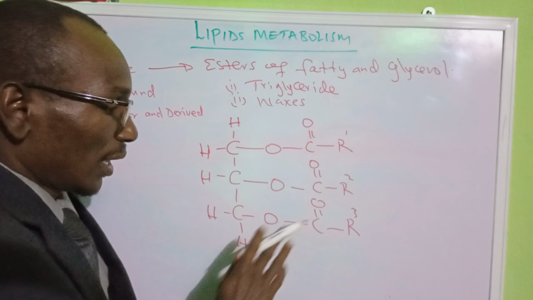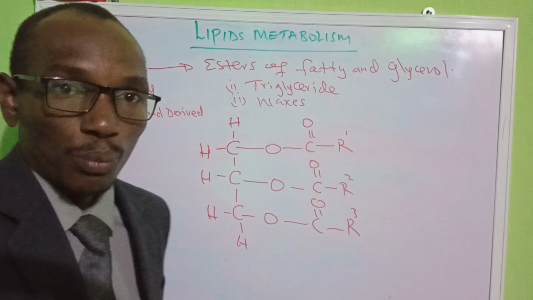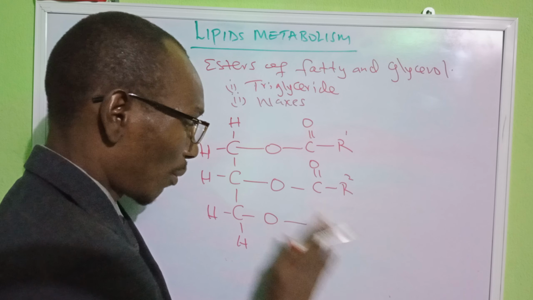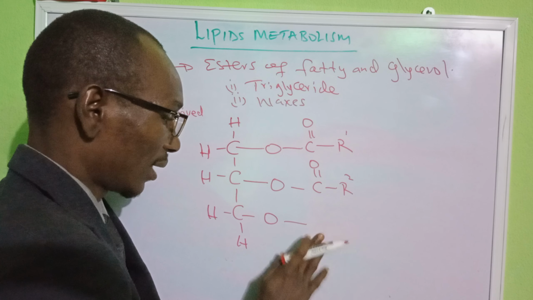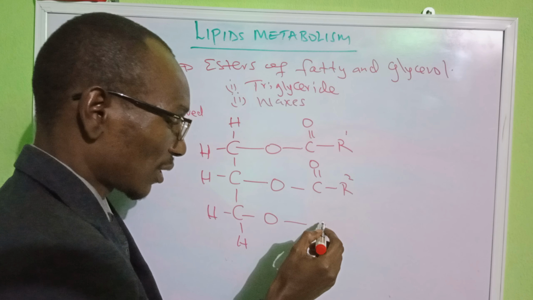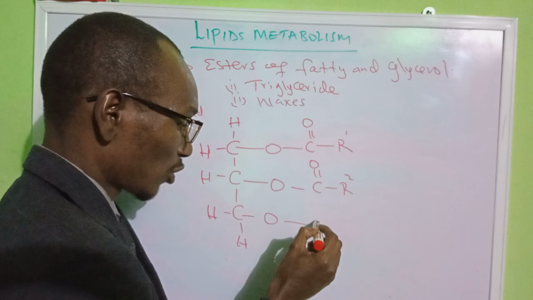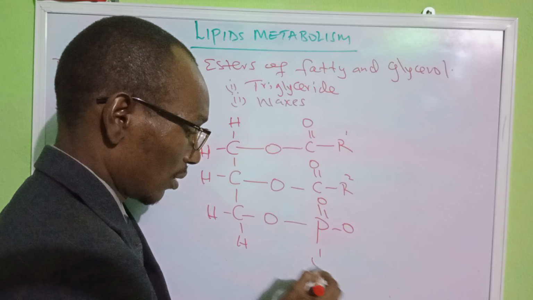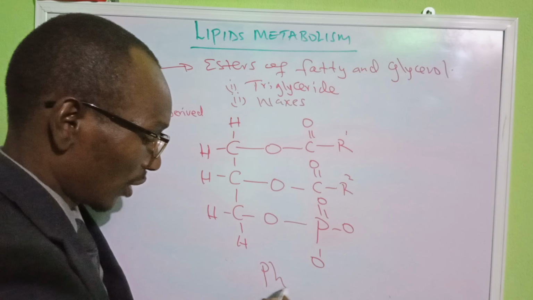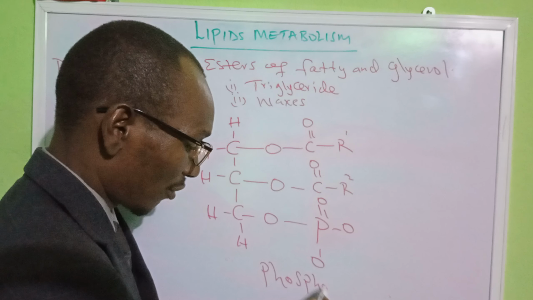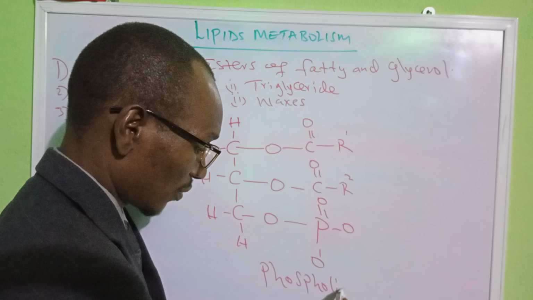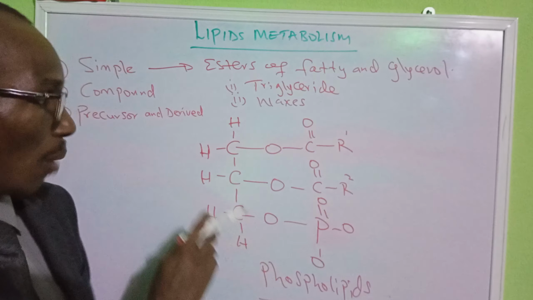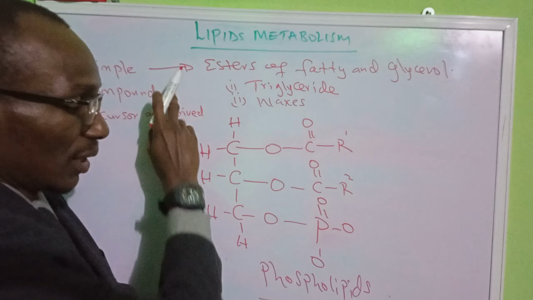Now, if a phosphoryl group is attached to one of the carbons of the alkanol, which is the glycerol, it forms a phospholipid. So this is a phospholipid, which is a common example of compound lipid.